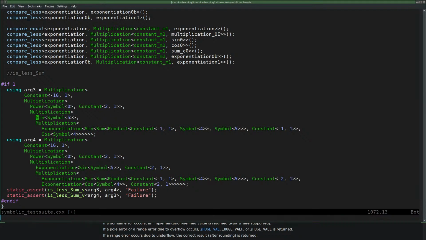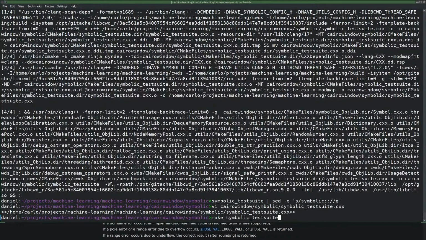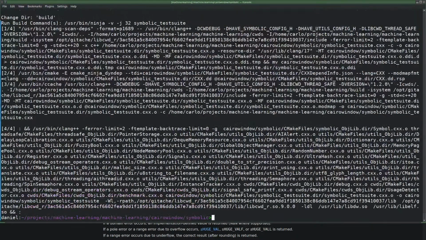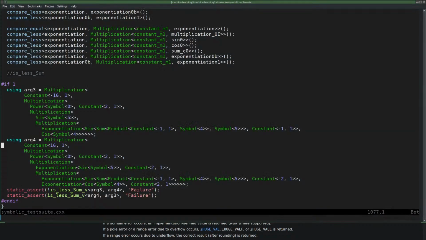This sign should be larger arbitrarily than exponentiation, which means that arc4 is less. Oh, wait. They are both. Mark 4 is the last. This is true. This should be false. I didn't know that yet, so I had not typed any exclamation mark. No, that worked. Cool. Just delete this.